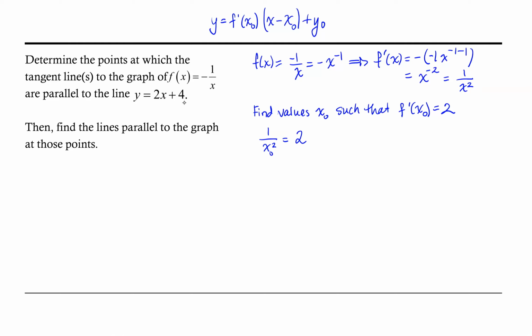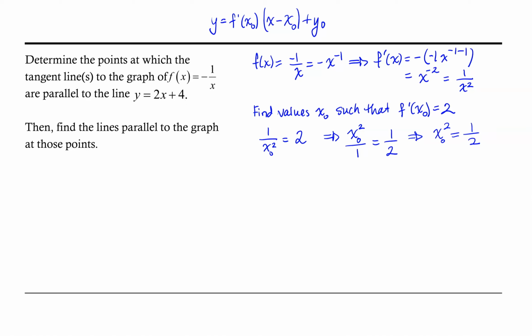So if I take the reciprocal of both sides of that equation, they should remain equal. Oh, and there should be a squared here. Okay, so what do we have here? We have that x naught squared should equal 1/2.